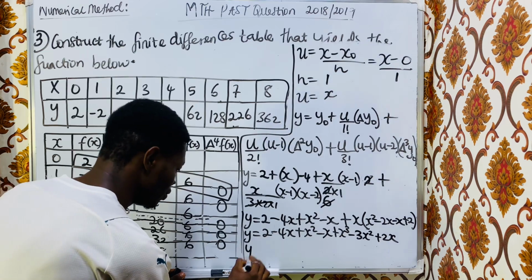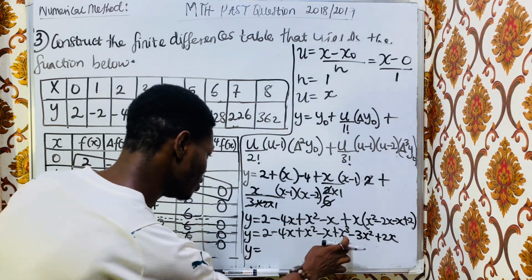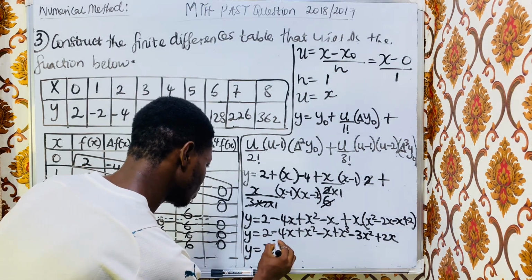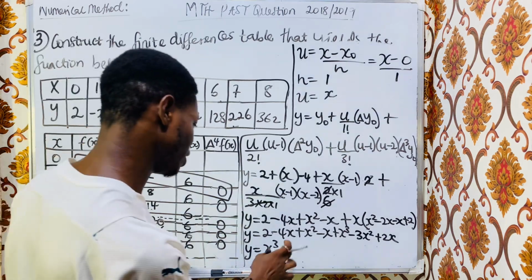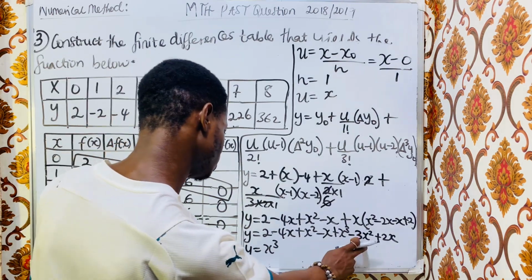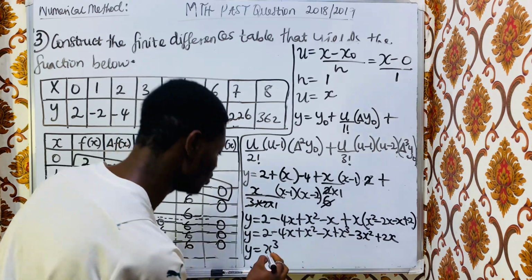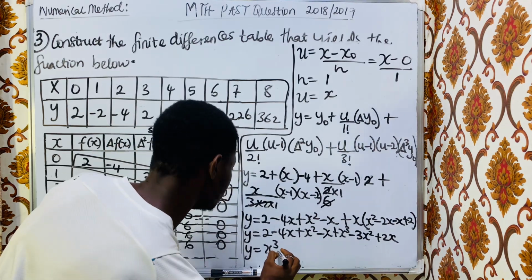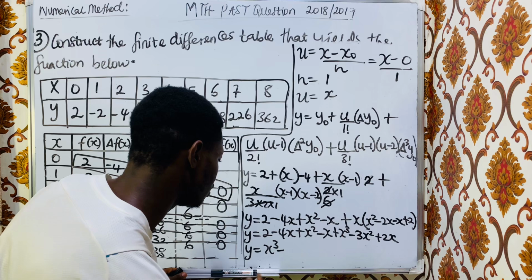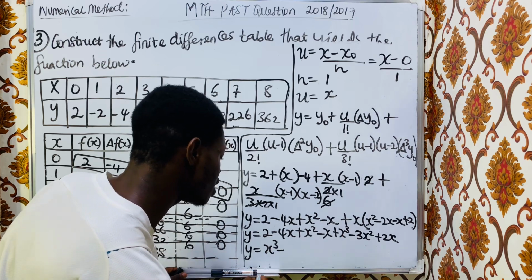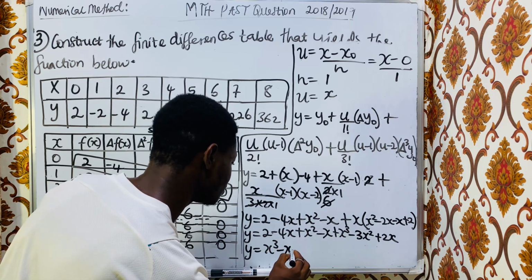So our y will be, each one has x cubed. This, we bring out, x cubed. Then x squared. Which other one has x squared? So this one will be negative x squared.